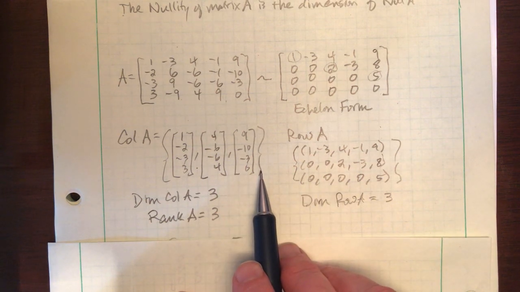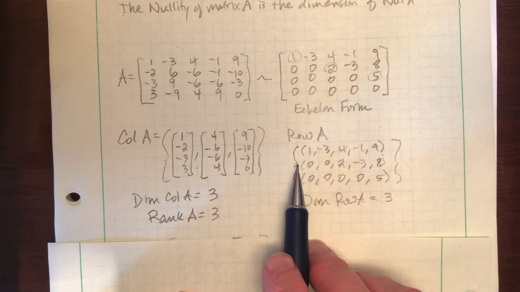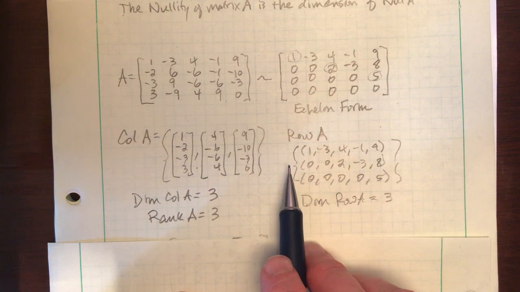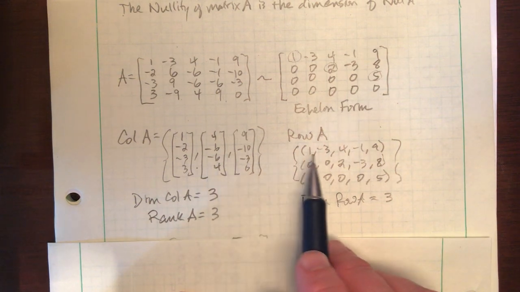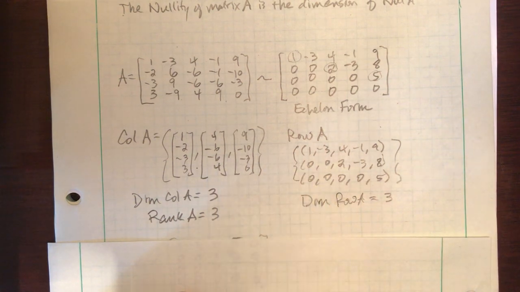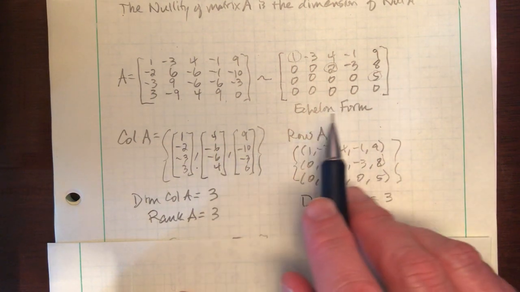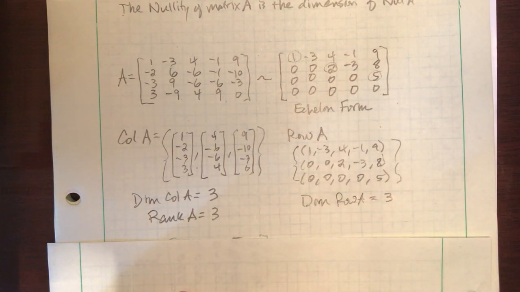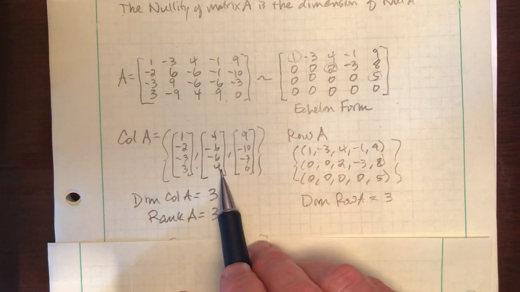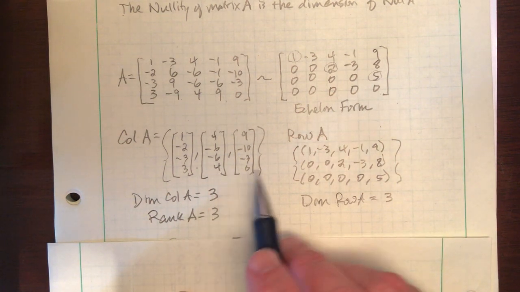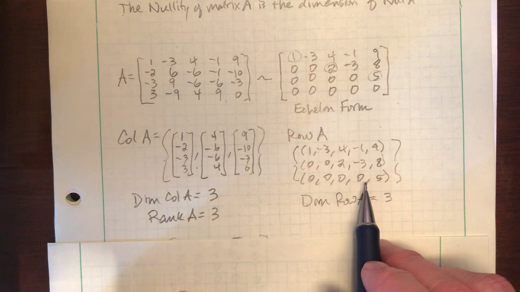But it turns out, even after this one example, it's not a surprise that the dimension of the column space and the dimension of the row space are always going to be the same because it has to do with the number of pivots. And once you've identified 3 pivots, that tells you there's 3 column vectors and there's 3 row vectors that work. The difference, though, is notice my column space is a subspace of R4, where my row space is a subspace of R5.